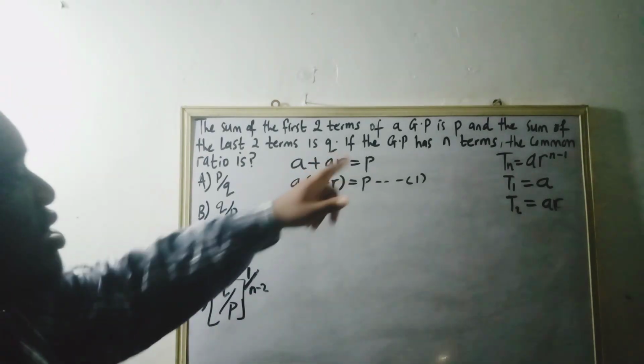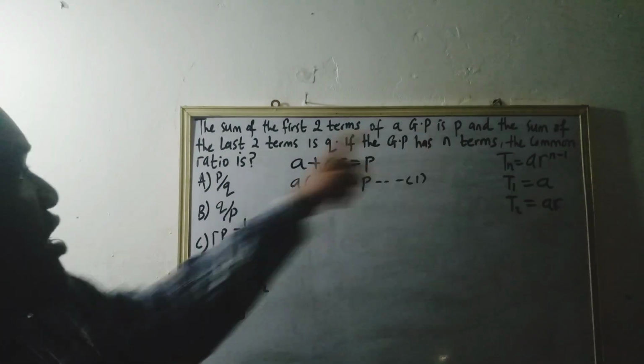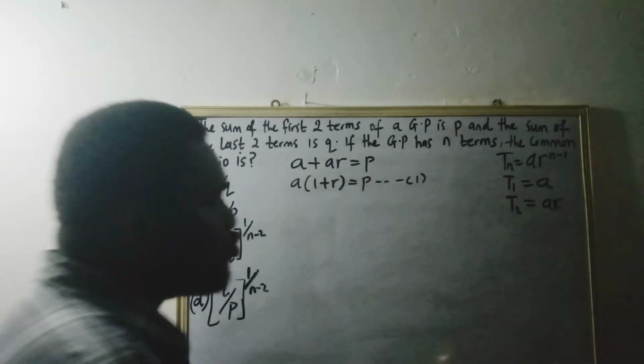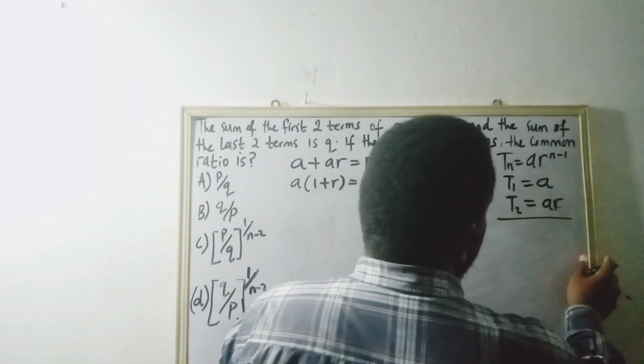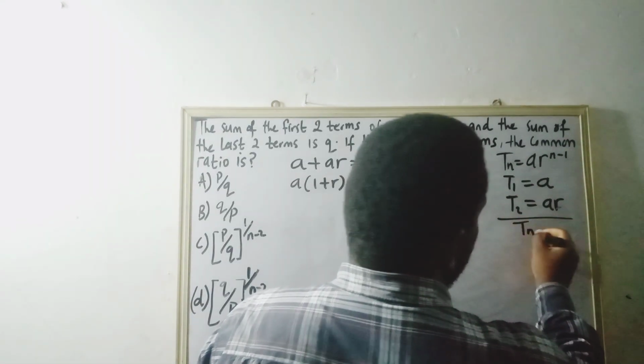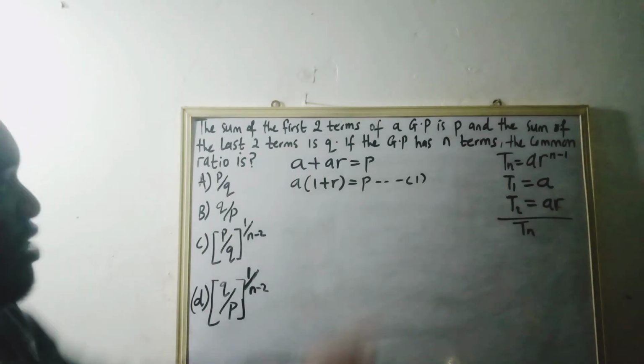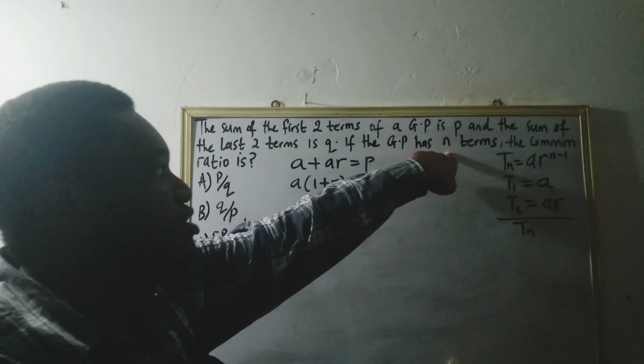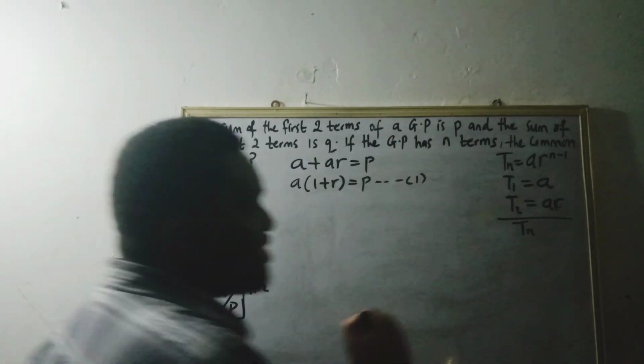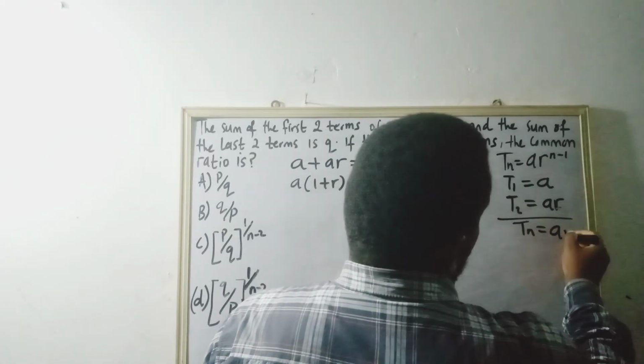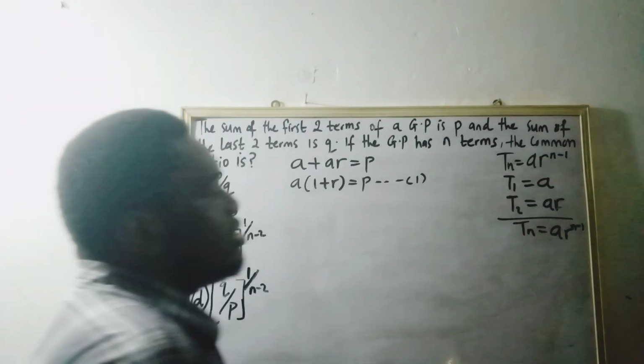From the second statement, I am told the sum of the last two terms is Q. Now, what will be the last two terms? The last term will be the nth one, Tn, since the GP has n terms, and that term is just ar^(n-1).